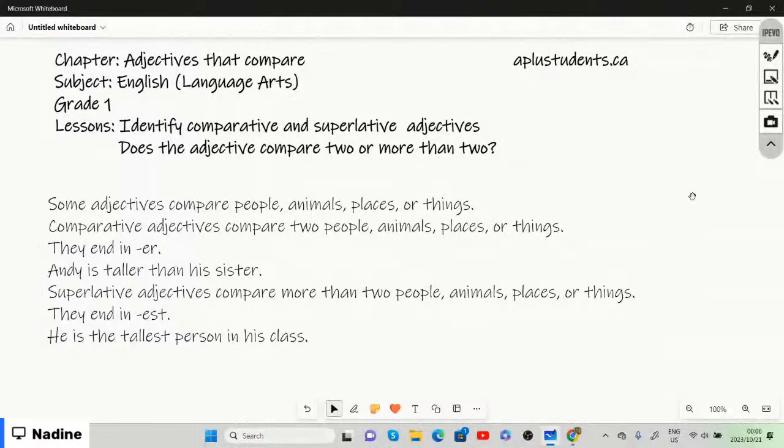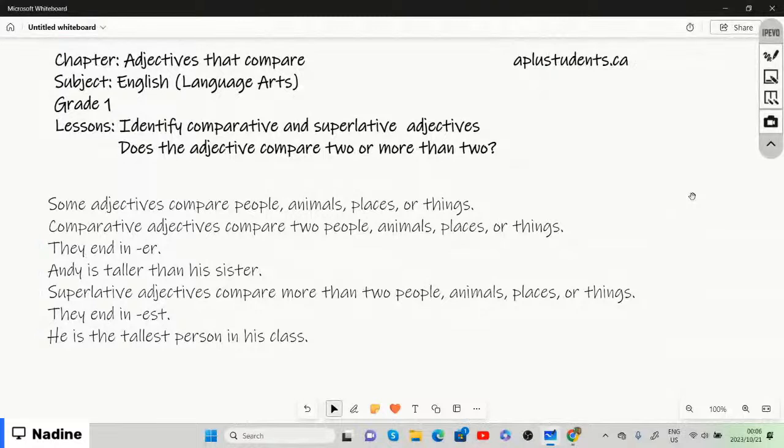On the board we have our chapter, English grade 1, and the lessons we are focusing on for today.